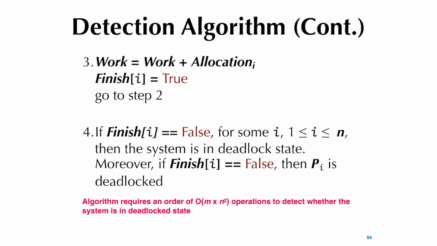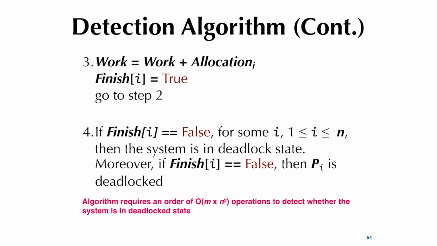And when you get to step 4, that must be the case where you jumped from step 2, because you went through all the processes and you couldn't find any whose requests you can fulfill, or because they're all true. If they're all true, then that means they're done, no deadlock. If you had gone through a whole round and you couldn't find even one process whose request can be granted, then what does that mean? That means it's useless to iterate anymore, right?